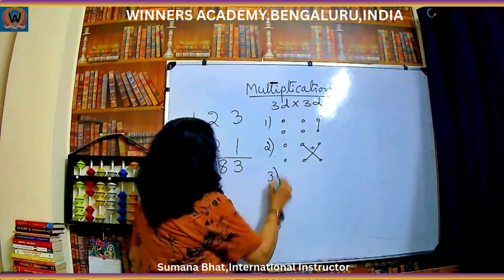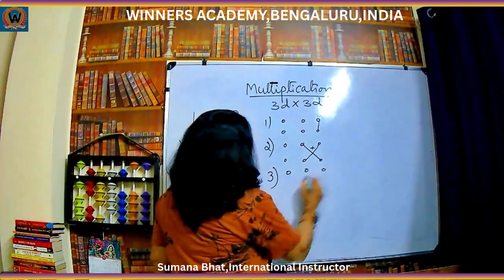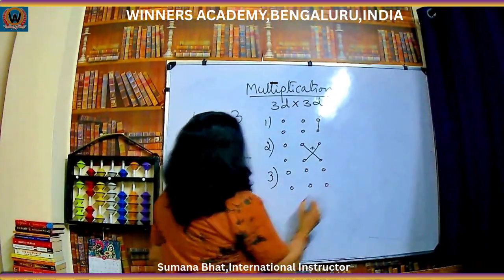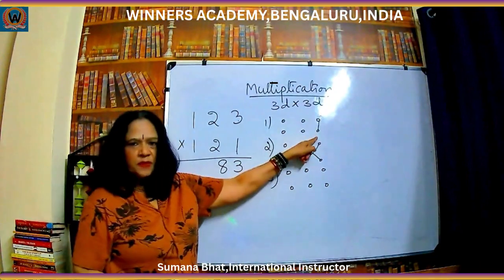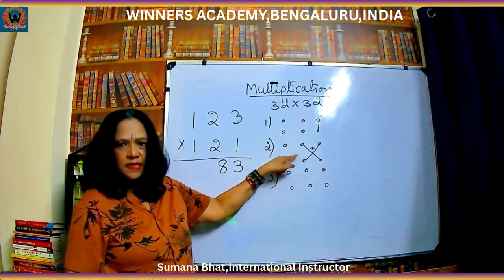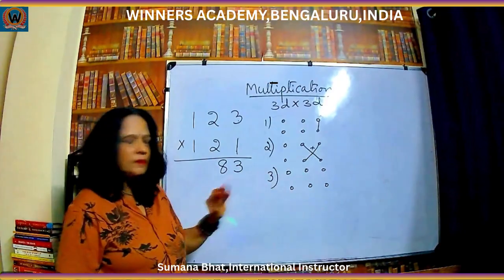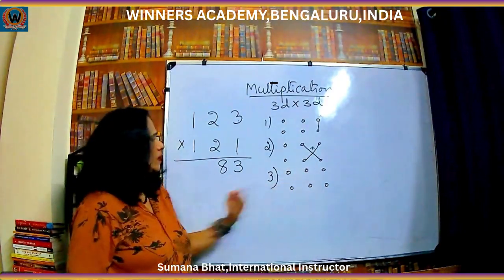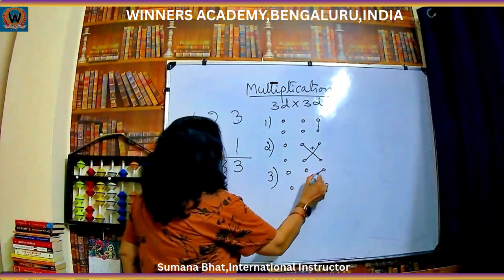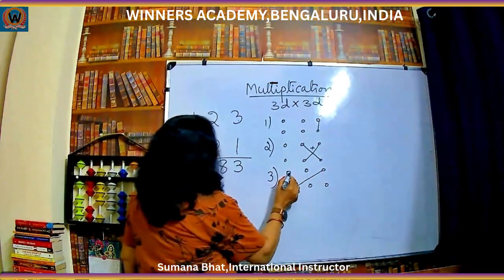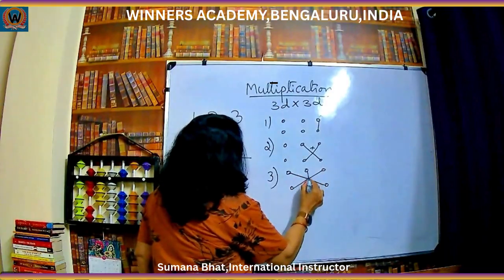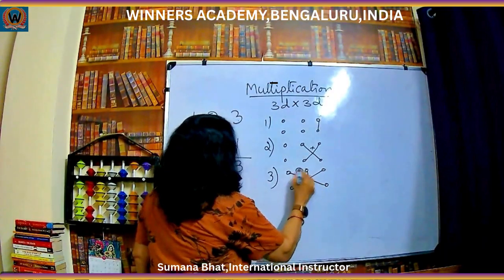Third step. Same, we have three numbers like this. Now we will take all three numbers: units and hundreds, units and hundreds, and tens and tens.